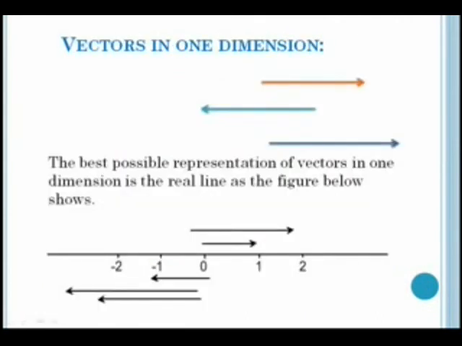Now vectors in one dimension. If we take only one dimension, then how are vectors represented? This is a vector, this is a vector, this is a vector. Now the best possible representation of vectors in one dimension is the real line as the figure shows below. So if vectors lie in one dimension, they must lie along a line. So this line is a real number line.